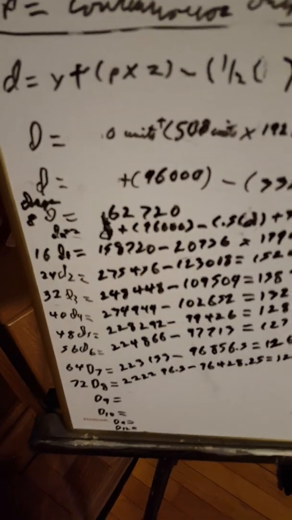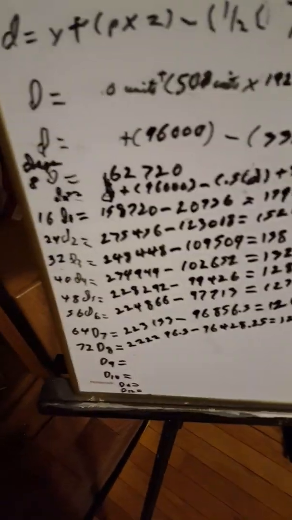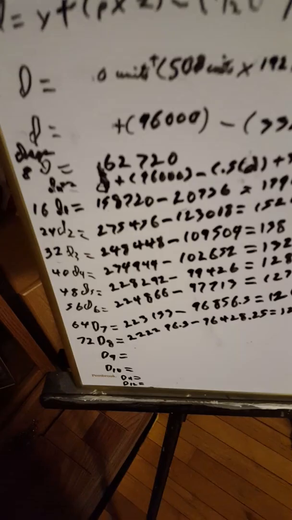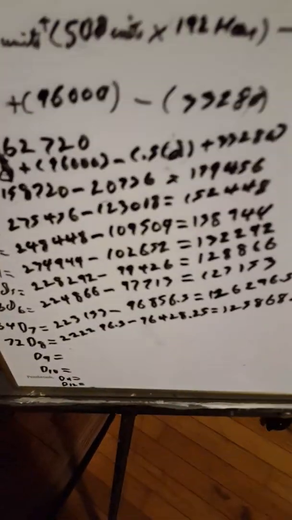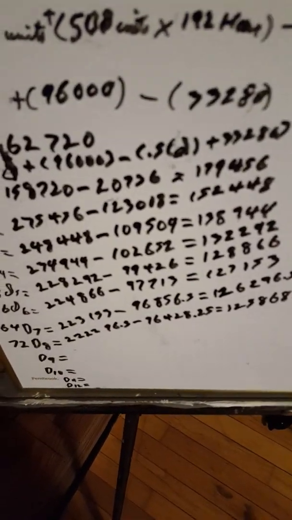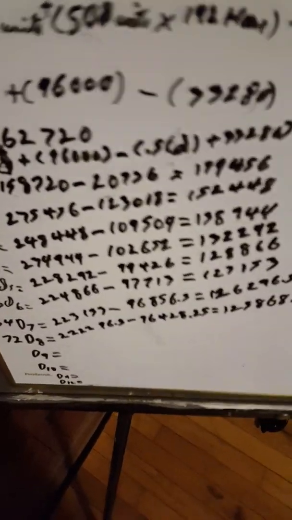So if you have a remaining amount, which is your D, of 62,720 in this case, then you would add the 96,000 that are being added to it every 8 days. So then you minus 0.5 times that 62,000, plus 33,280.